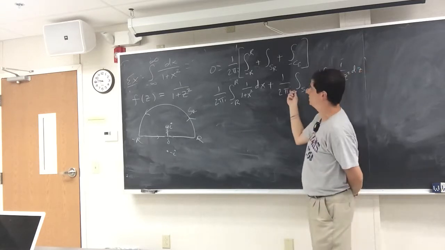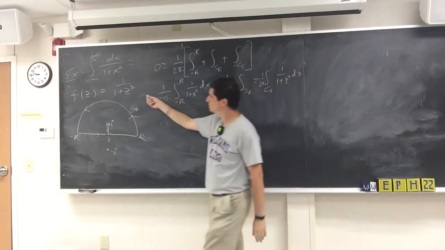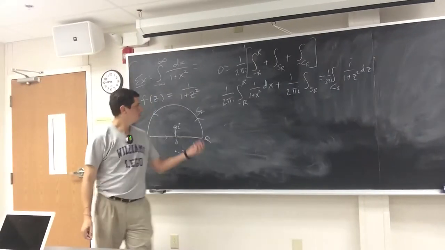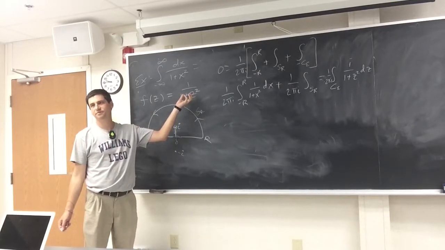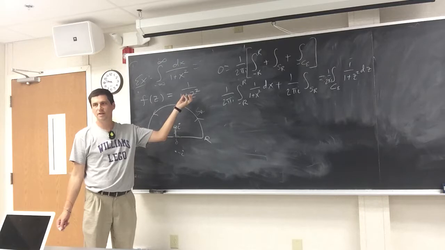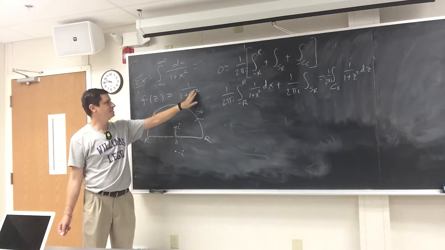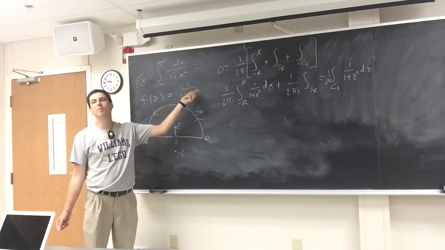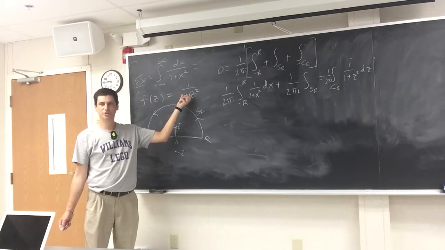All right, now let's think about this. This is a circle of radius r. When you look at 1 plus z squared, approximately what is the denominator? z squared, approximately r squared. The worst possible case for us is if z squared is minus r squared, and then in absolute value, this would be r squared minus 1.